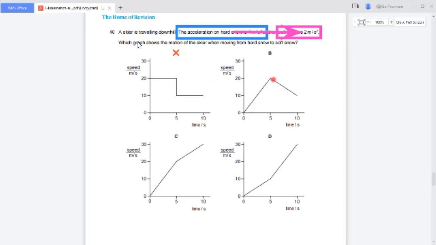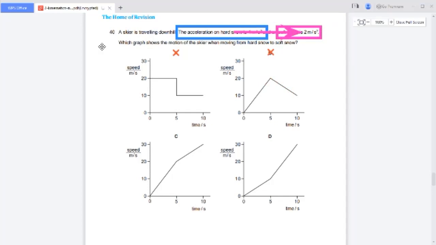After this the velocity is continuously decreasing, but the statement says when the skier moves from hard to softer snow, its acceleration would be 2 meter per second squared, and it would be fixed. And it is positive, not negative, so that's why it looks inconsistent with the statement.